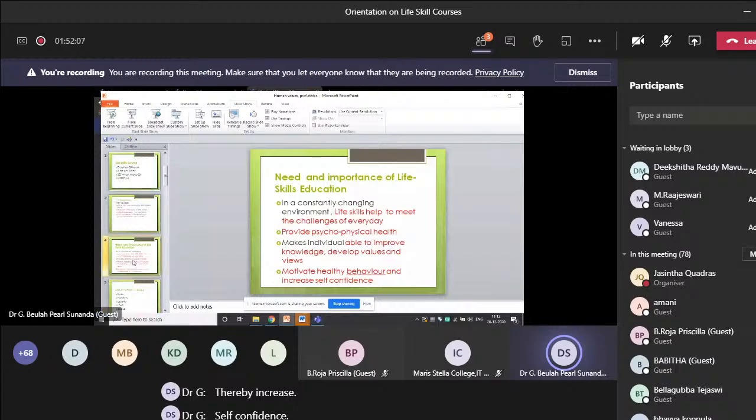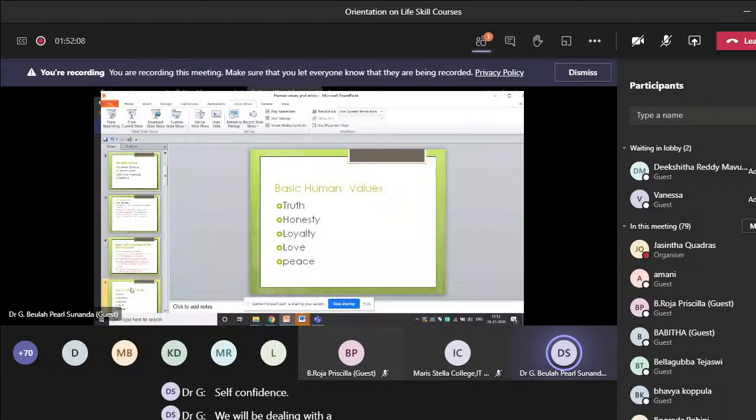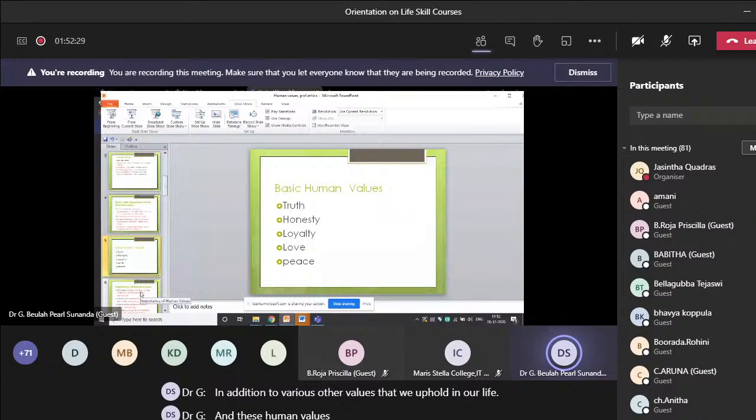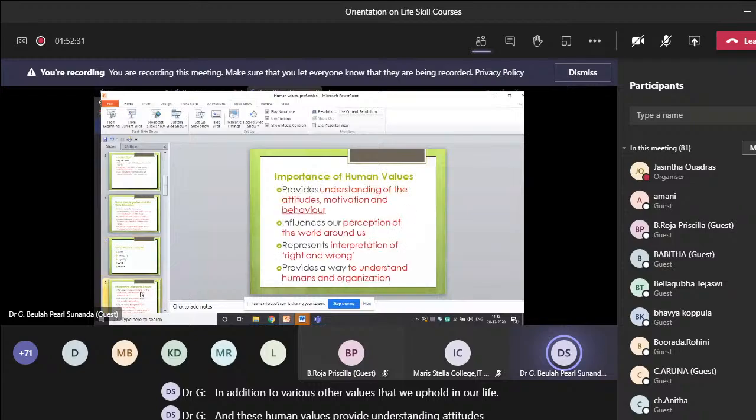We will be dealing with the basic human values such as truth, honesty, loyalty, love, and peace, in addition to various other values that we uphold in our life. And these human values provide understanding of attitudes, motivation, and behavior.